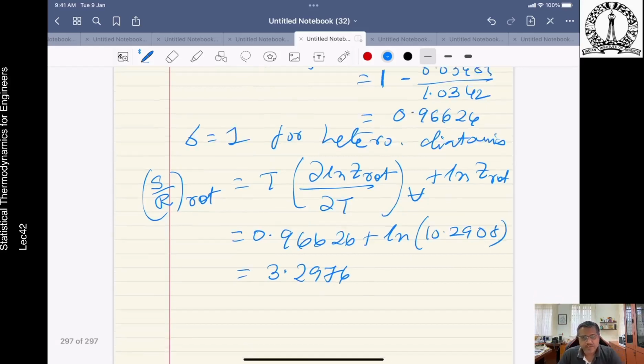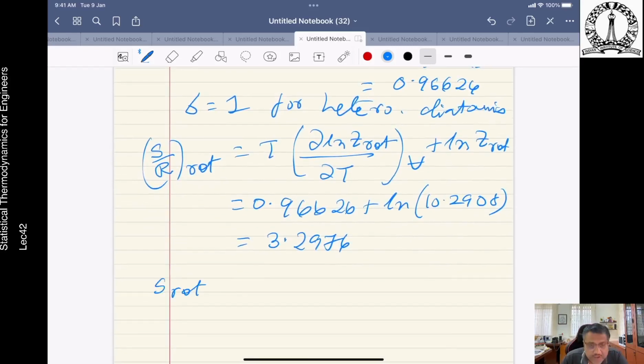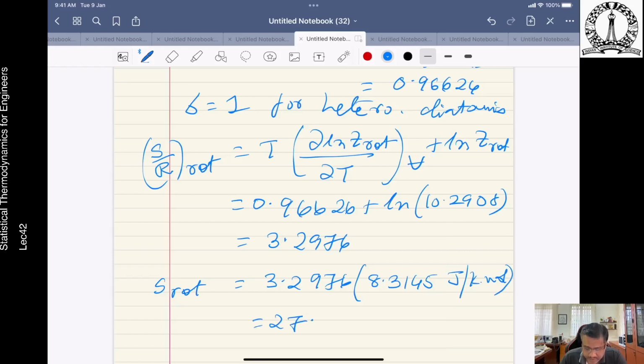Okay, so finally you get the entropy as 3.2976 into 8.3145 joule per Kelvin mole, which comes out to be 27.418 joule per Kelvin mole. Okay, so this actually tells you roughly the story of the full thing. There are more things that one can do for the symmetric and the antisymmetric.